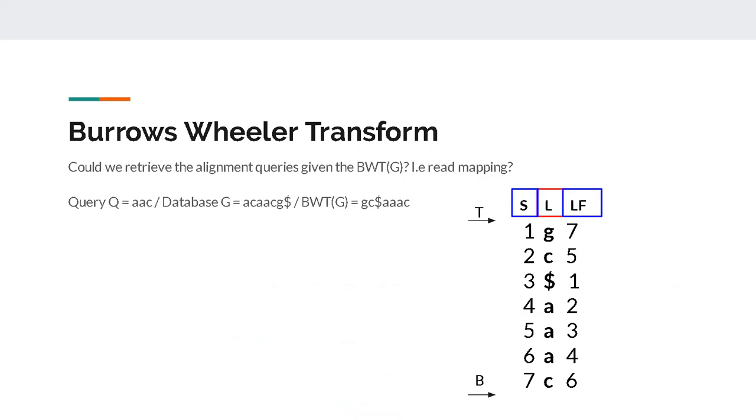So the top pointer comes towards the bottom, and the bottom pointer comes towards the beginning. So there you have it. You have located both the C's, the first occurrences of both the C's that were possible. And now you look at the LF of these 2, which are 5 and 6. So they're dictating that you have to go to the 5th and the 6th row. So you move your pointers to the 5th and the 6th row.